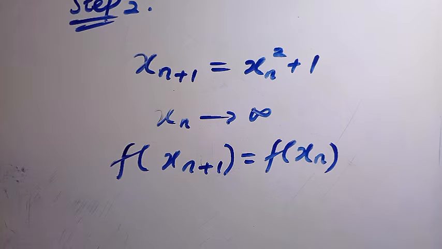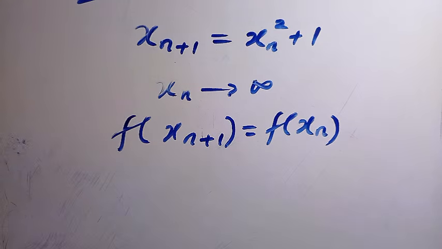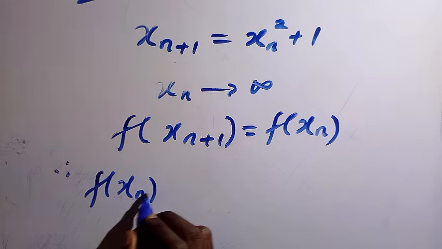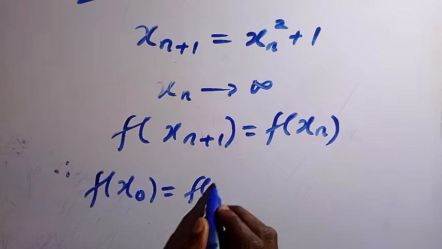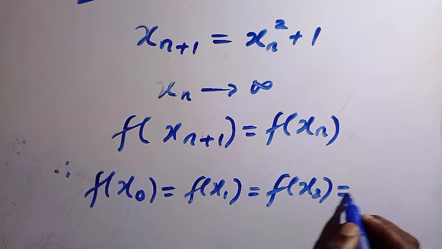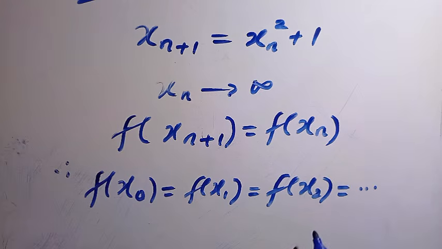Looking at this, we observe that all the terms have the same constant value. How do we know that? Since we have tested some values above, where f of 0 equals f of 1 equals f of 2, this implies that f of x naught equals f of x1 and also equals f of x2, and this continues to f of x5, f of x26. All these are equal to each other.